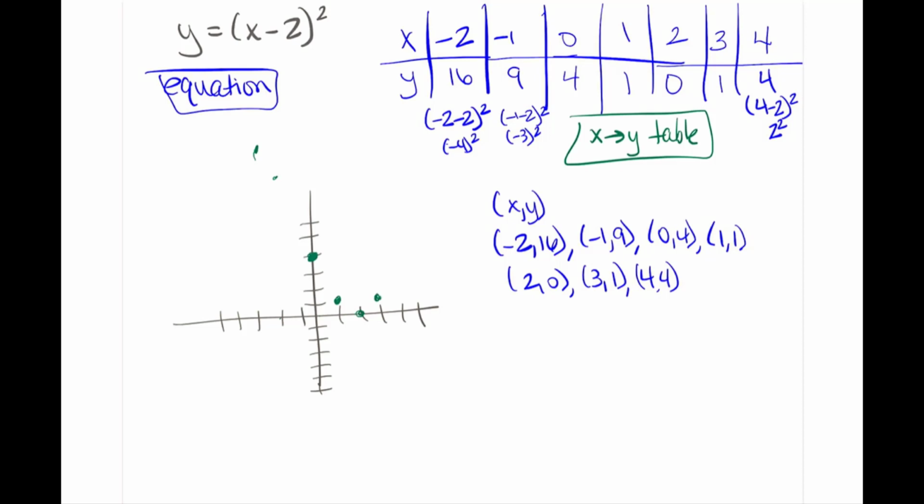And last but not least is (4, 4). So I'm going to go over 4, and then go up 4, 1, 2, 3, 4. Well, that's going to give me a value right there.